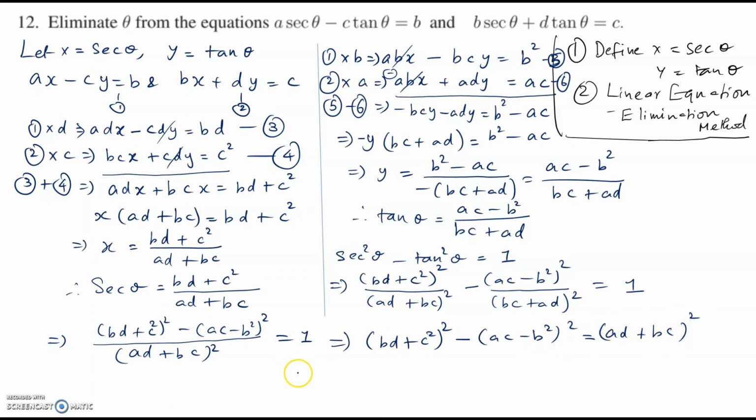So we can further rearrange this by taking it to the other side. This is bd plus c squared the whole squared is equal to ac minus b squared the whole squared plus ad plus bc the whole squared.